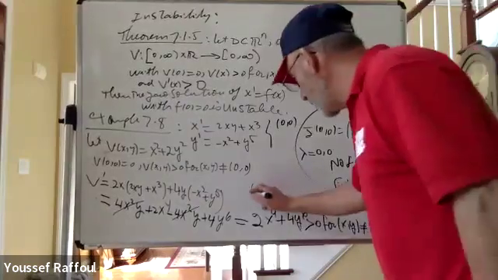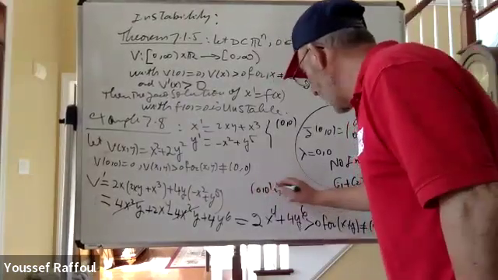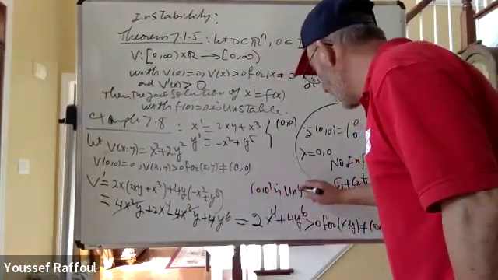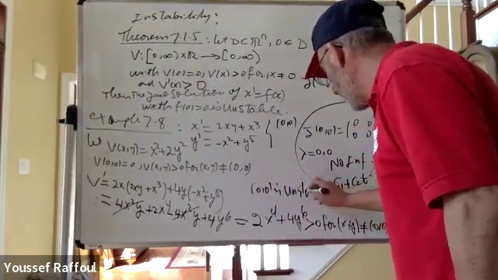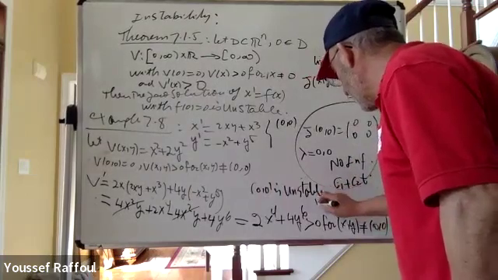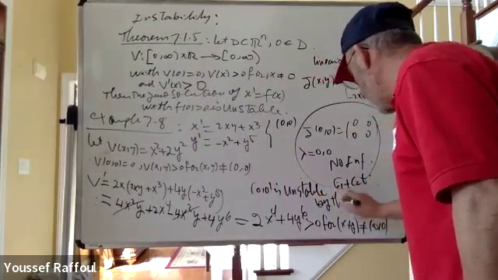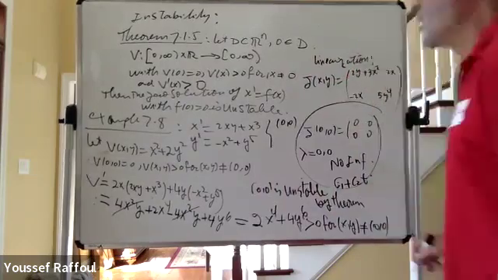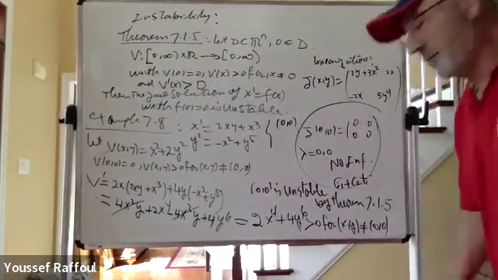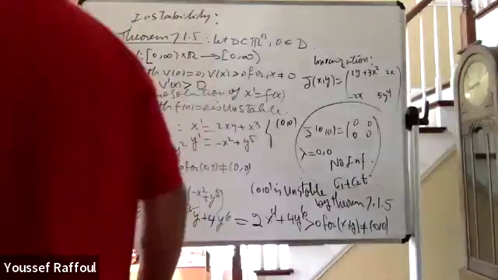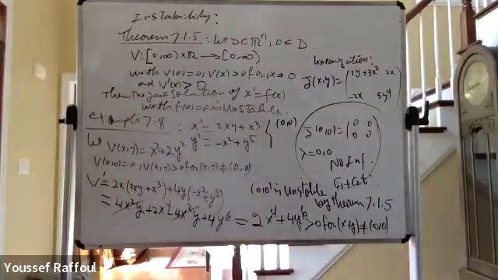So the 0, 0 is unstable by theorem 7.1.5. Okay?